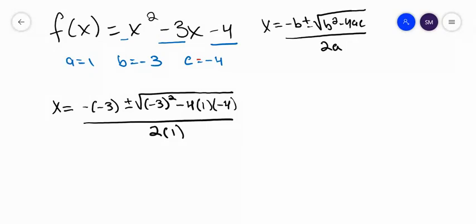So that's the setup. When we go to evaluate this, so calculate it, figure out what number it works out to, it's very important to follow the order of operations.